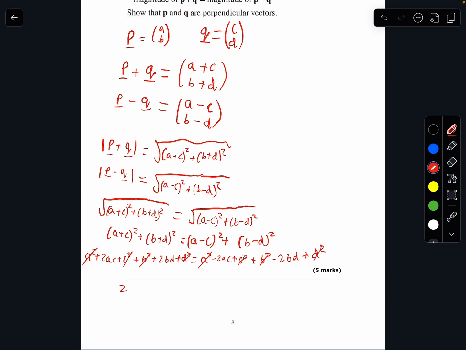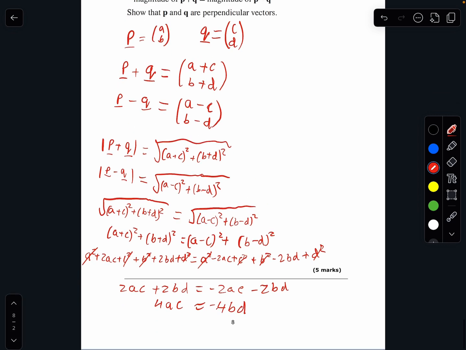So effectively I'm left with 2AC plus 2BD is equal to minus 2AC minus 2BD. Let's group things together. So adding 2AC to both sides gets me 4AC. Taking 2BD from both sides gets me minus 4BD.